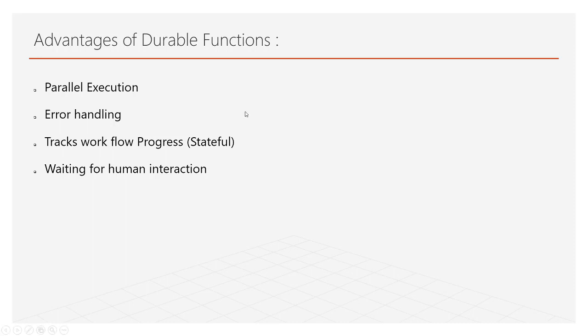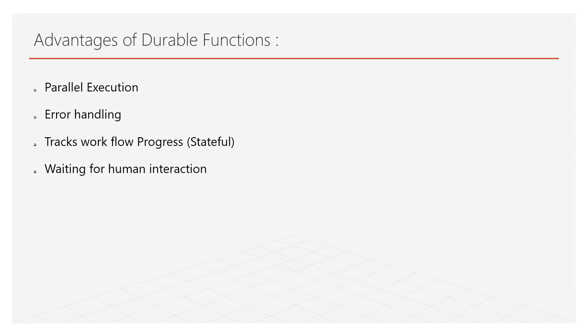Now error handling is quite important. In normal Azure Functions, we have already separated the entire application into multiple chunks of Azure Functions. Now what if something goes wrong? Suppose I have function 1, then function 2, then it is calling function 3. We have function chaining in that way.